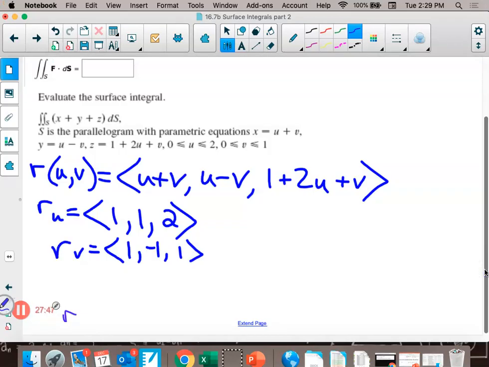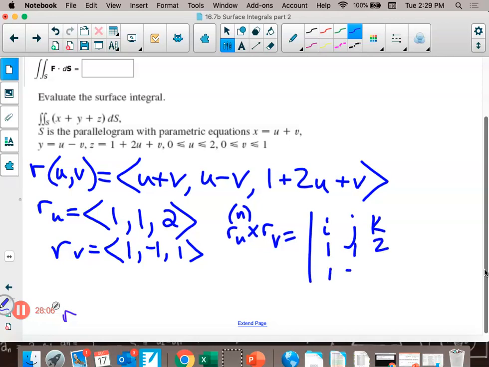All right, then your R sub U cross R sub V, which is like your N, is going to equal 1, 1, 2 cross 1, negative 1, 1. So I get 1 plus 2 is 3. 1 minus 2 is negative 1, so it's 1. Negative 1 minus 1 is negative 2.